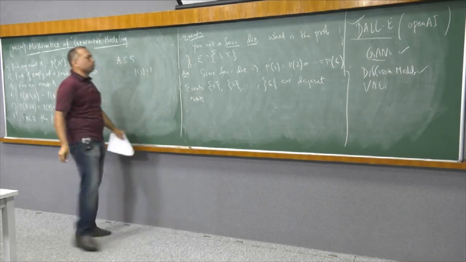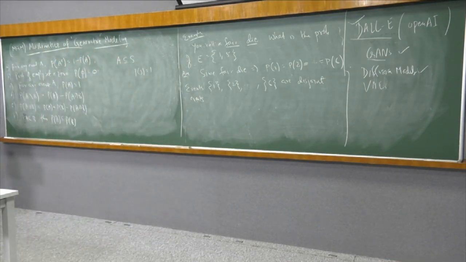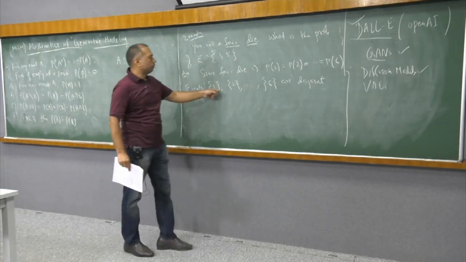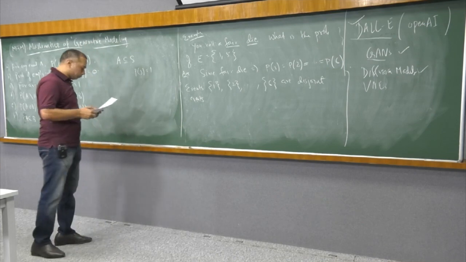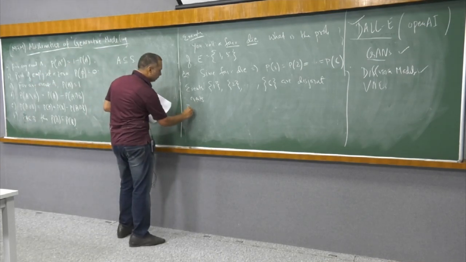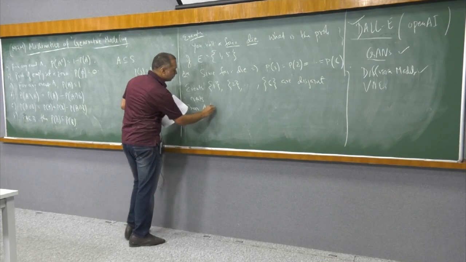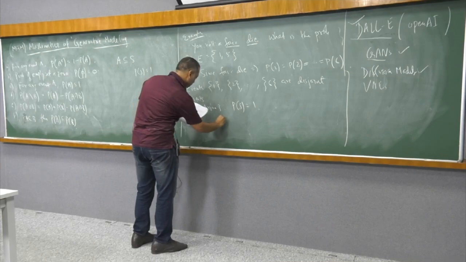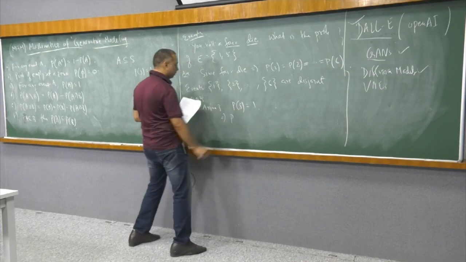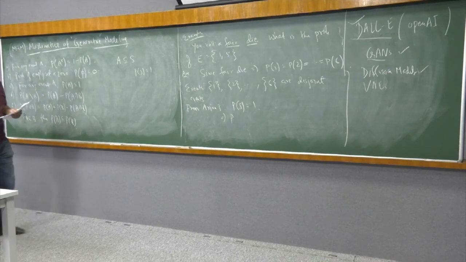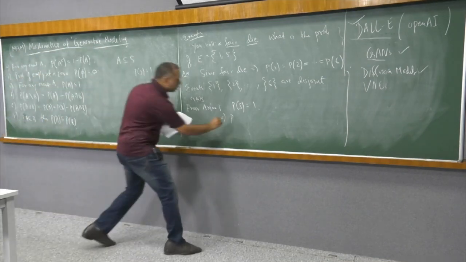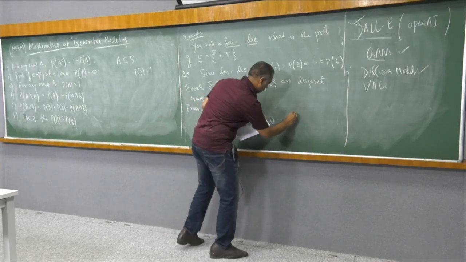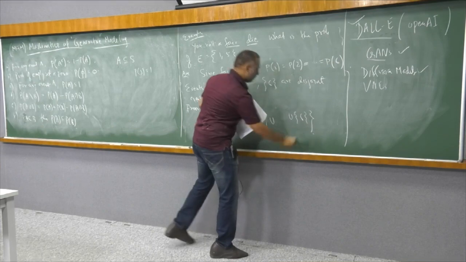So from the axioms of probability, we can use the third axiom, which says that the probability of the union will be the sum of the probabilities of each. From axiom 3, the probability of the sample space is 1, and the sample space is essentially the union of 1, 2, up to 6.